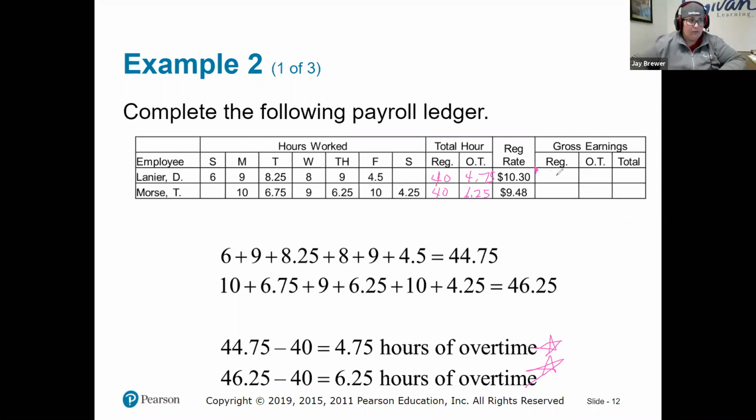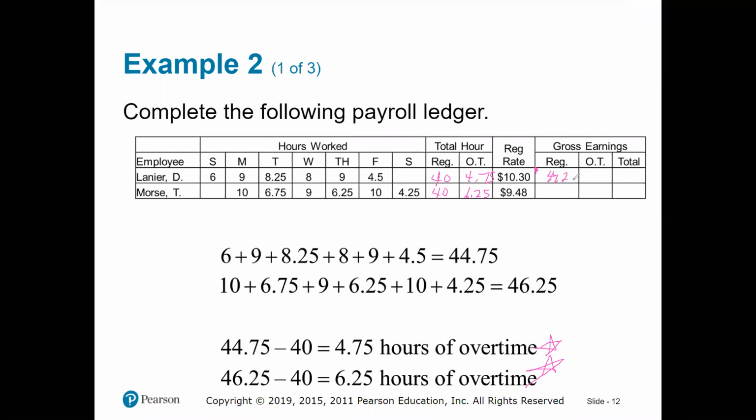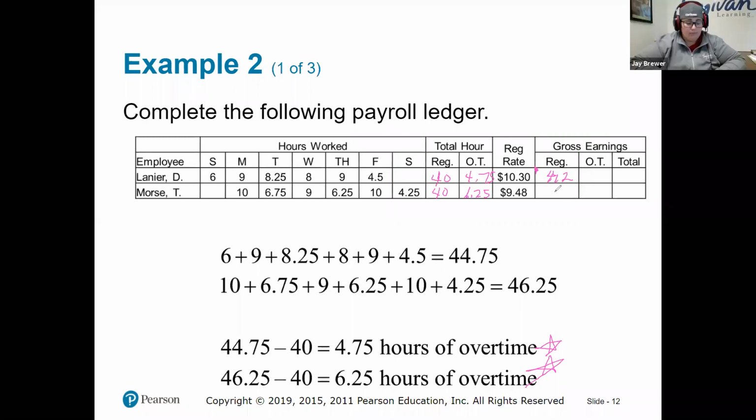So then we get 412. And I'm going to do the same thing on the bottom. I'm going to do my 40 times my 9.48. While I'm doing that, somebody else figure out what our overtime rate's going to be. And are we going to have 1 or 2 overtime rates? Are they the same for each person?